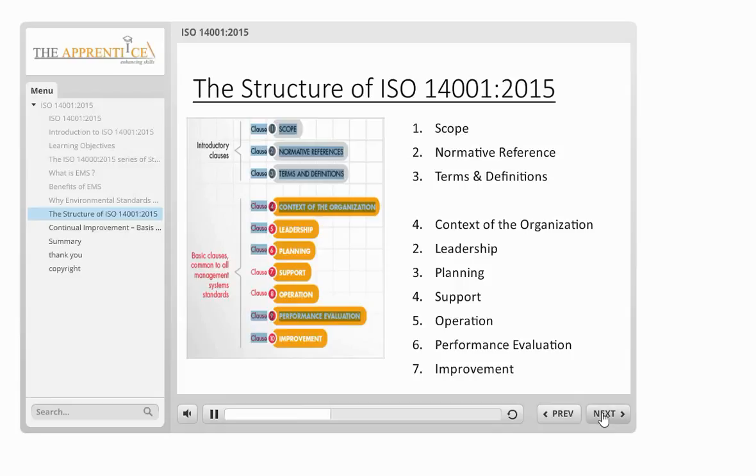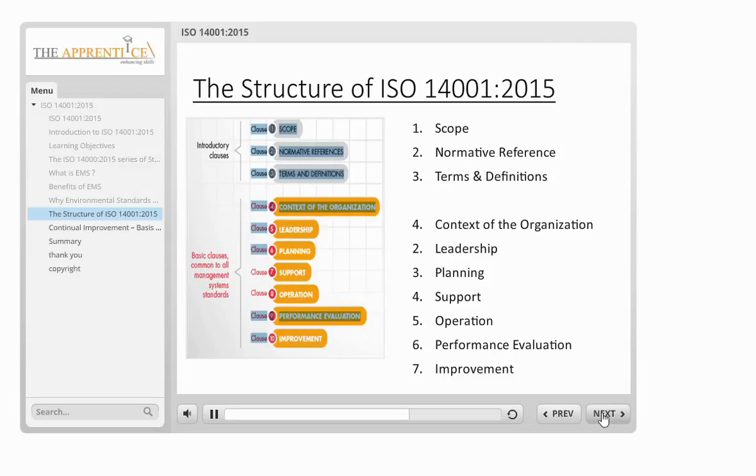This structure is intended to provide a coherent presentation of requirements rather than a model for documenting an organization's policies, objectives and processes. The standard ISO 14001, 2015 contains 10 main clauses. The first clause talks about the scope of the standard. The second clause mentions the references from where the standard has been adopted.